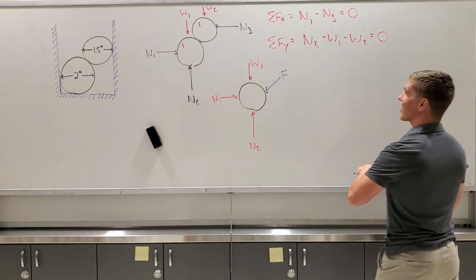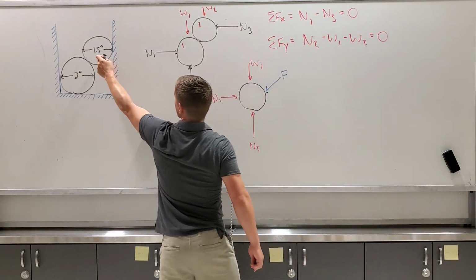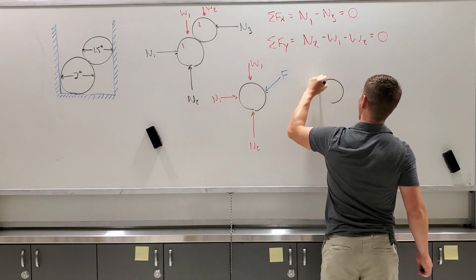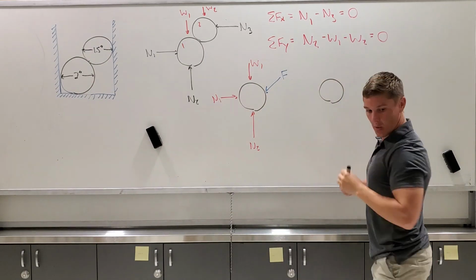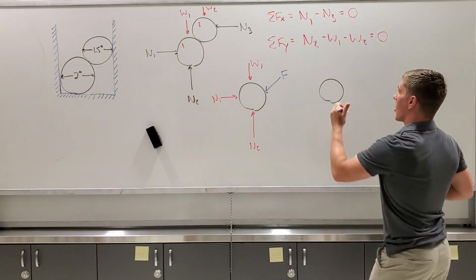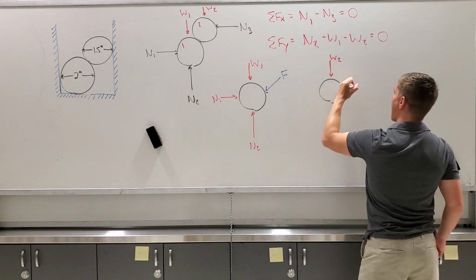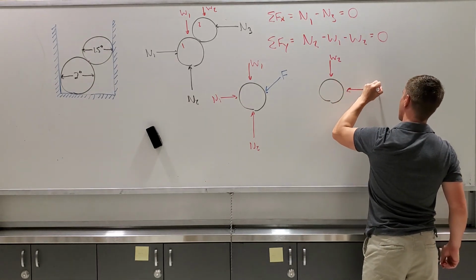Additionally, I can look at the 1.5-inch steel ball bearing and draw its free body diagram. So if I draw its free body diagram, it also is going to have a weight acting downwards. We have a weight 2 acting downward. It has normal force 3 acting this way.